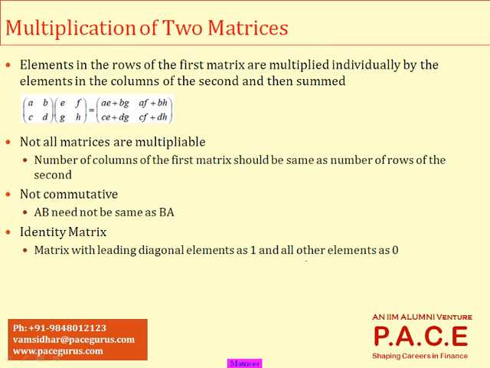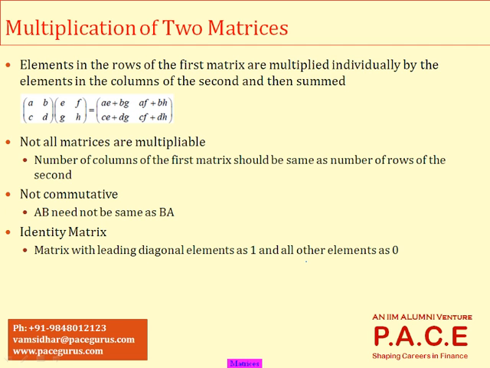Then the next thing that becomes very important for us is multiplication of two matrices. When I multiply two matrices, again there is a rule. For addition and subtraction, the eligibility criterion is that both of them should be of the same size.